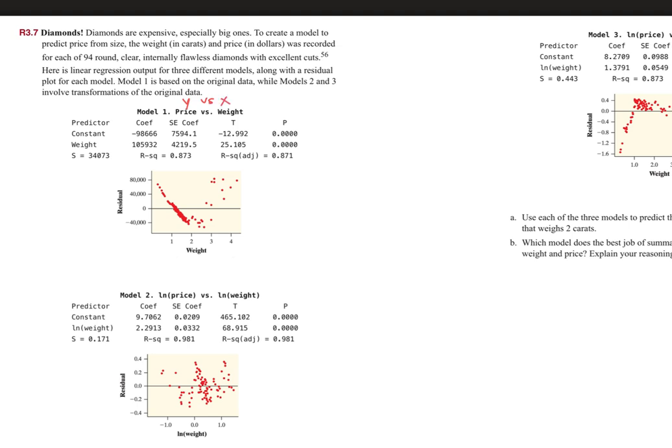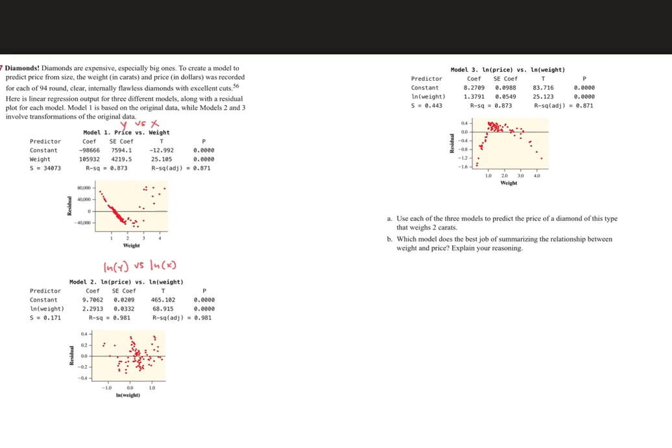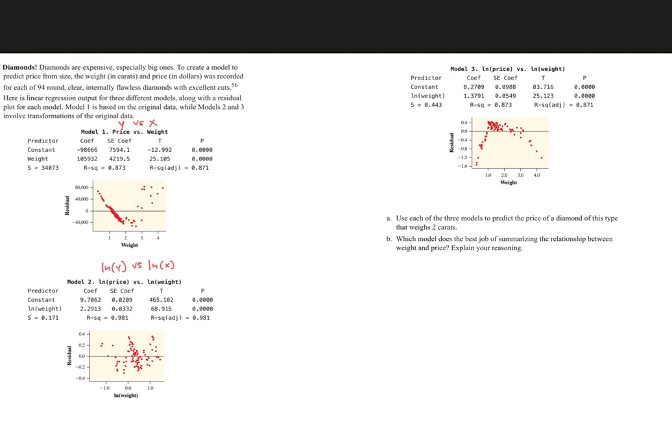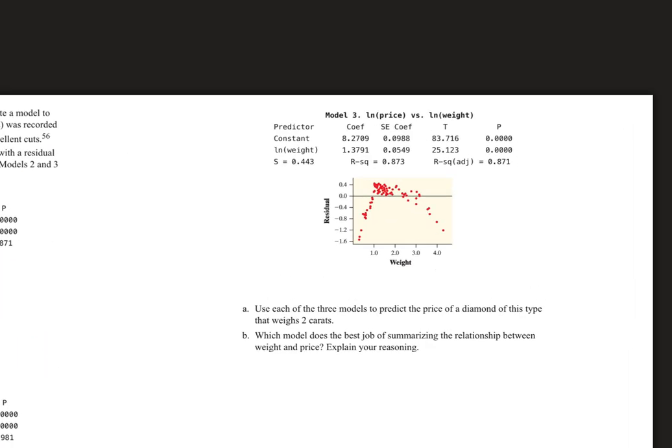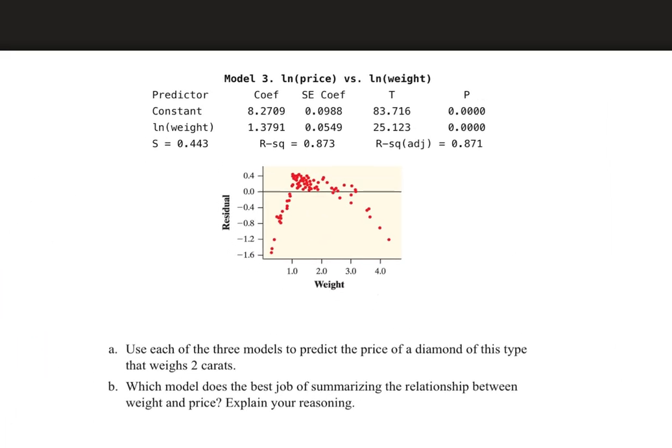Model 2 is ln of Y versus ln of X. And then model 3, this is a mistake in the way that they headed this. This book made a mistake. This shouldn't be ln versus ln weight. This should just be versus weight.